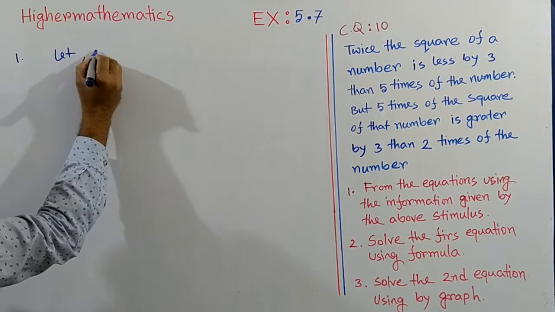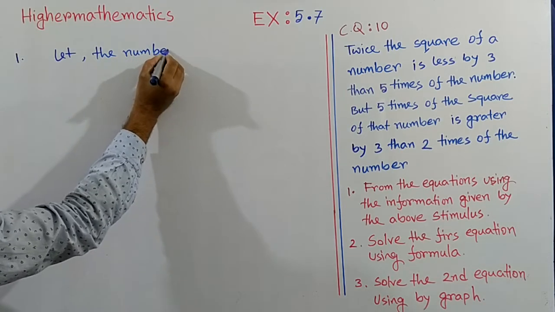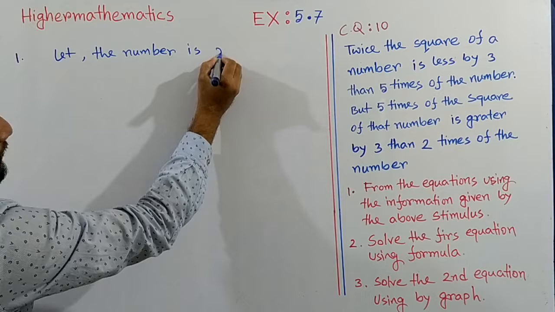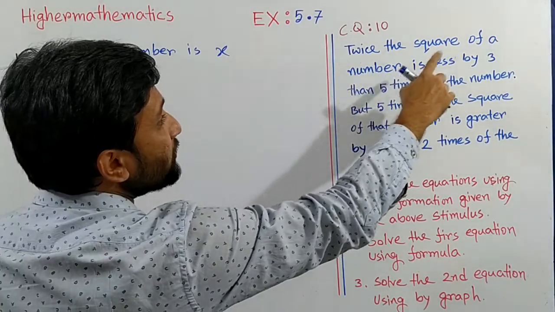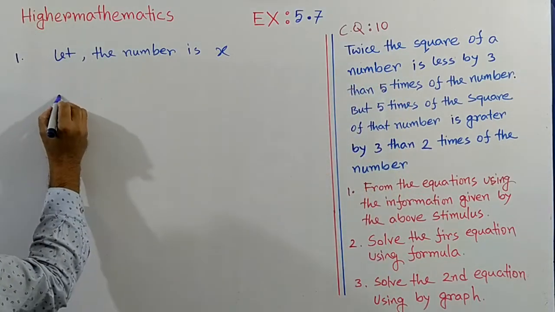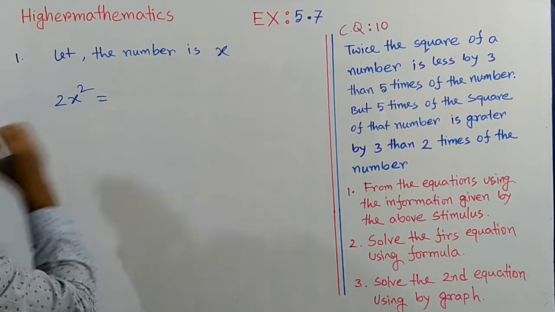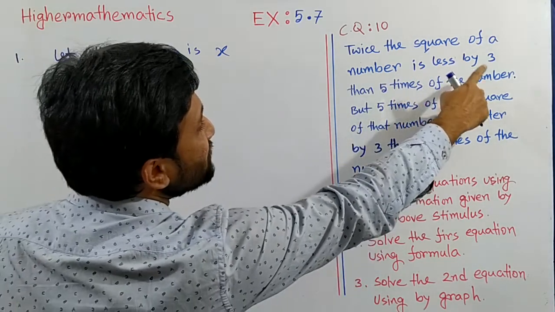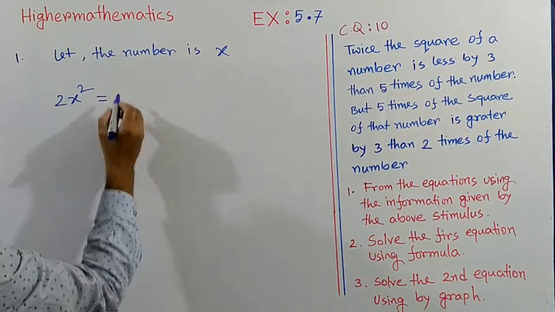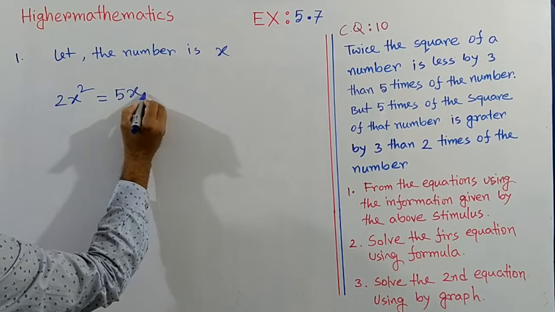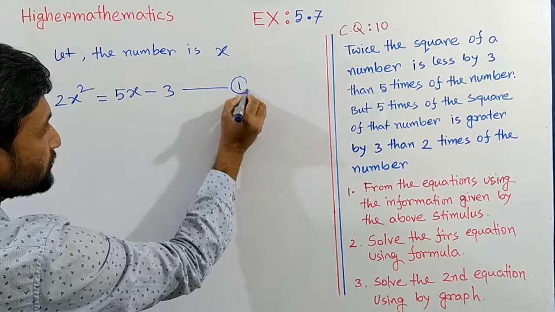So we can form the equation as twice the square of the number, 2x square, is less by 3 than 5 times the number, less by 3 meaning minus 3. So 5 times the number is 5x, and less by 3 means minus 3. This is equation 1.